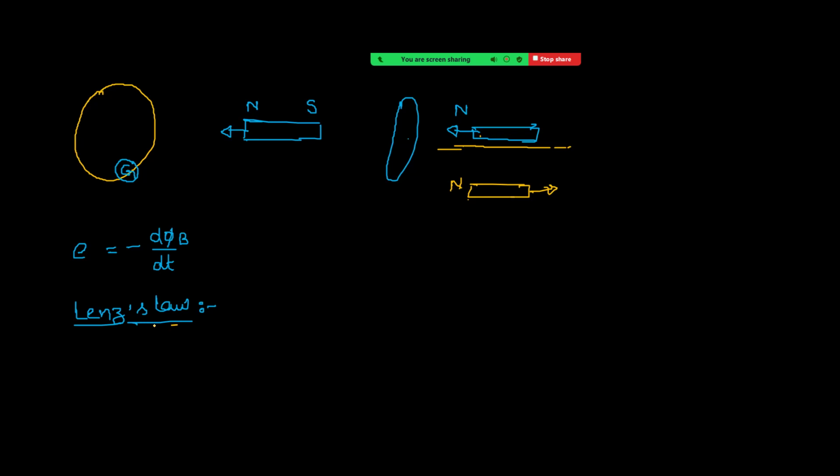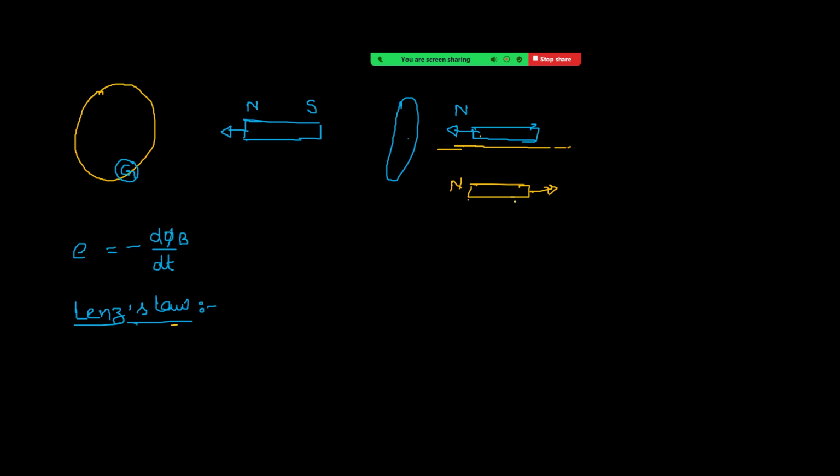So now what Lenz's law says is that it opposes the cause of its production. So current is induced because of the motion of the magnet, and it is opposing that cause. That means it is opposing the motion of the magnet. In this case, it has to repel the magnet, which means this should become a north pole.